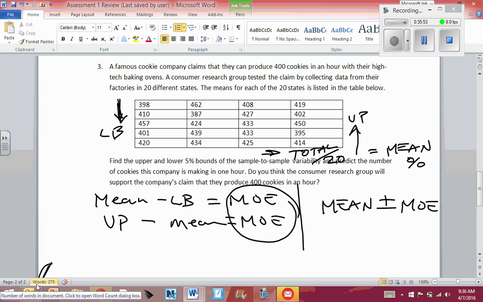So get the mean by dividing, get the MOE by subtracting, and then do that. The only other thing I'm going to say on this one before we put the words yes or no at the bottom of this page is this. Technically, because they're out of 100, you wouldn't count in 5 on either side. Technically, we're doing it properly: we would find what number is 5% of the total.